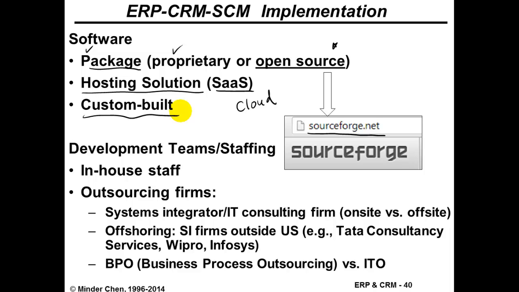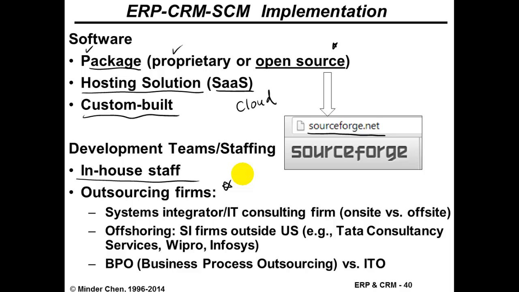If you have quite unique and constantly changing business processes, you may want to consider this custom build. And to develop the software, whether you're using a package or hosted solution or custom build, you still need to put in some development effort with your in-house staff. Or if it's really complicated, and you don't have the in-house knowledge and capability, you may want to consider outsourcing the task.